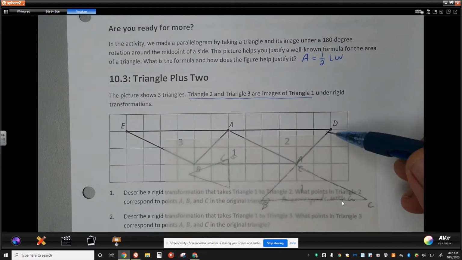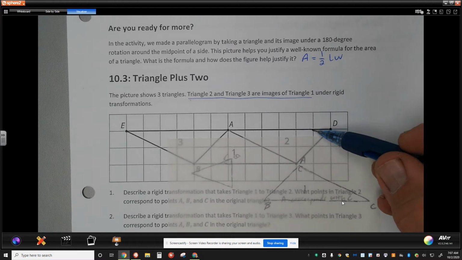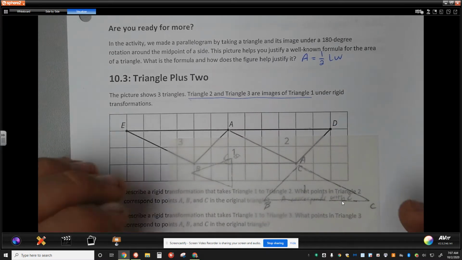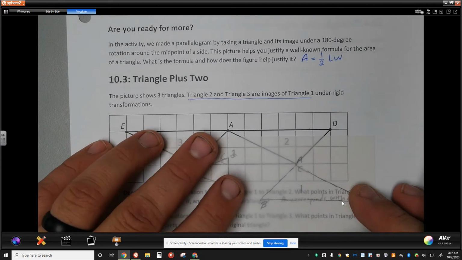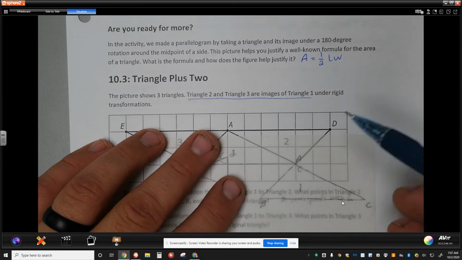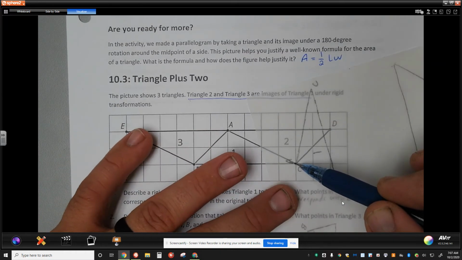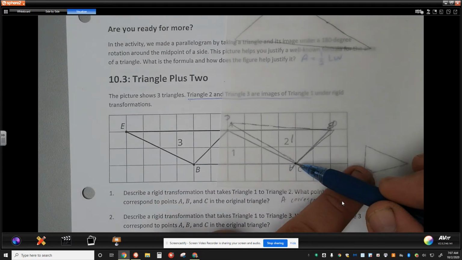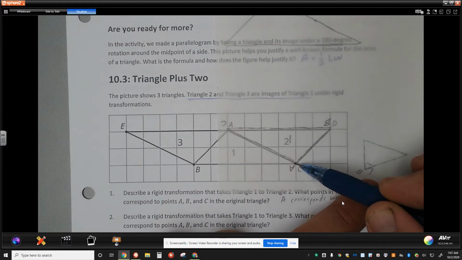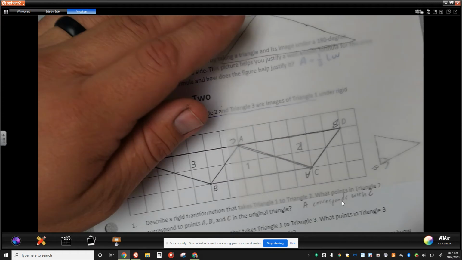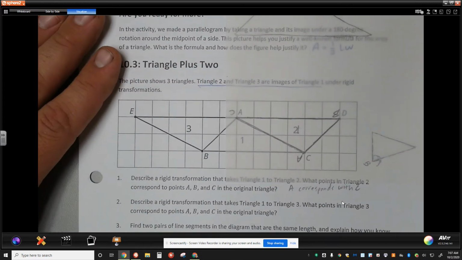What I notice is that it appears that BC and AD are parallel, and what we've been practicing is that a 180-degree rotation around a center point makes parallel lines. So if I rotate this 180 degrees around center A, I see a mapped image. So there's my description here. Let's go ahead and describe that.